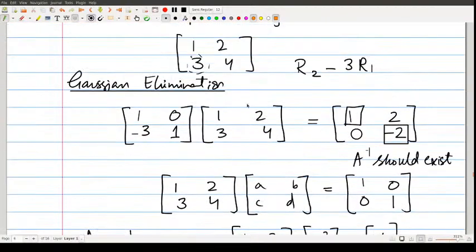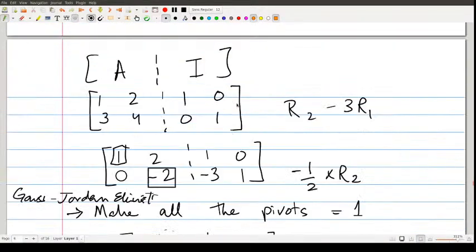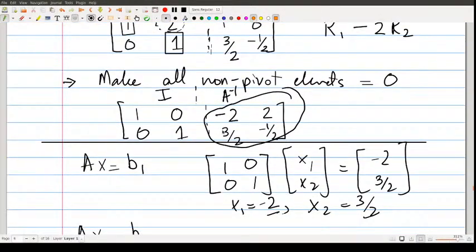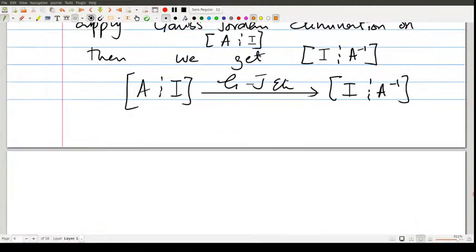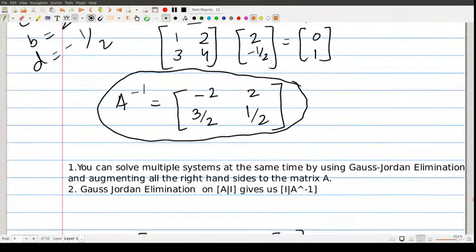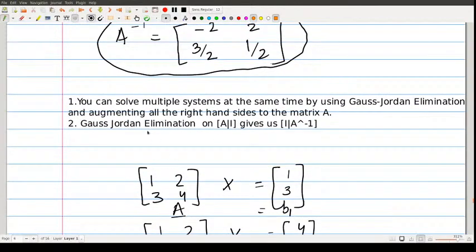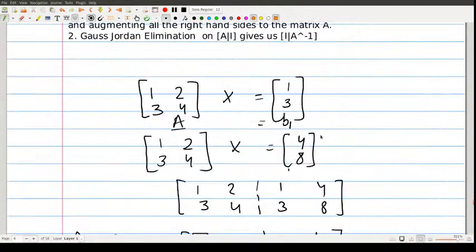And then we looked at a specific way of computing the inverse. How do we compute the inverse? You just augment the matrix with the identity matrix, you do Gauss-Jordan elimination, and the matrix that you find on the right hand side is just the inverse matrix. And of course Gauss-Jordan elimination can be used to solve multiple systems at the same time.